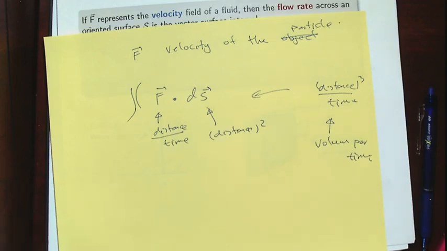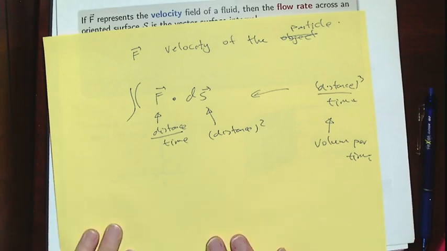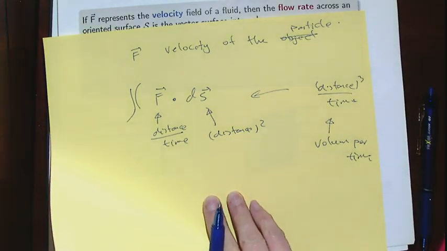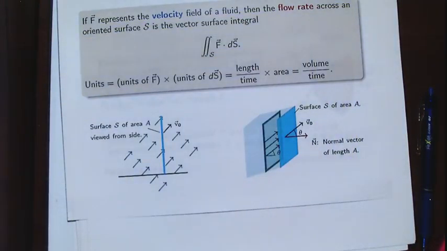When you think about the vector field as the velocity vector field of the particle, what you're computing with flux is how much volume is going through, the speed of the volume through the surface. Fair game? From one direction. It tells you about the speed of the volume through the surface.